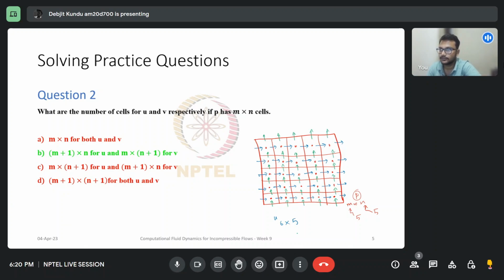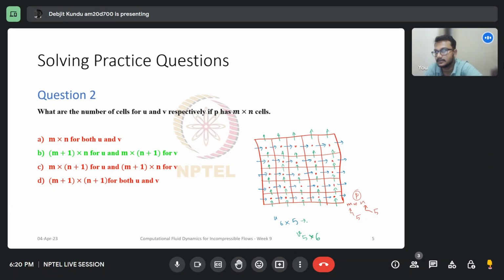So if we look at v, how many columns do we have? We have 1, 2, 3, 4, 5. And how many rows do we have? 1, 2, 3, 4, 5, 6. So v would be 5 cross 6. So if we try to compare now, m was 5. So we got for u 6 cross 5.